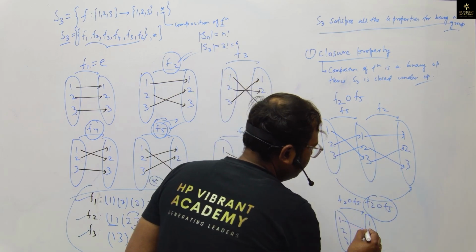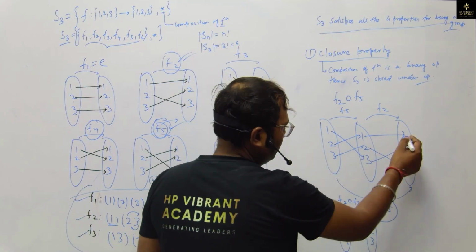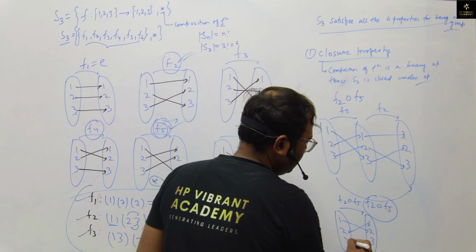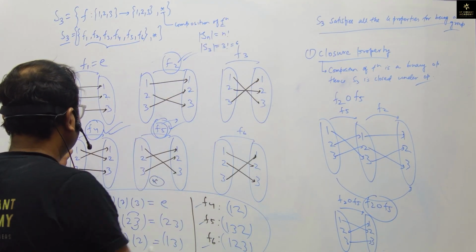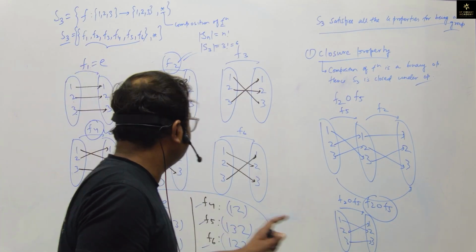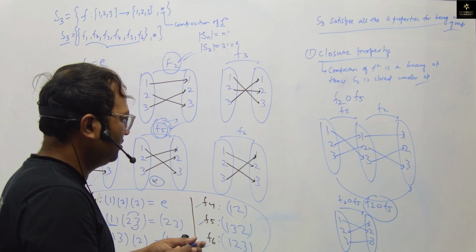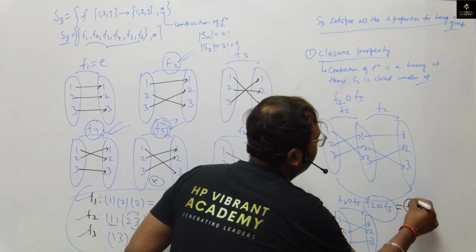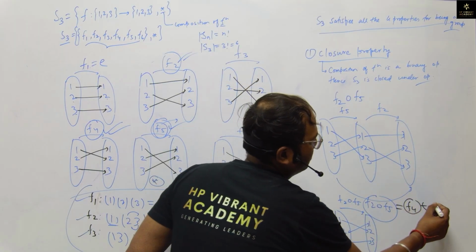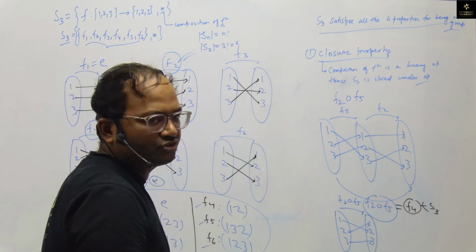This means 1 goes to 2, 2 goes to 1, and 3 goes to 3. So this is nothing but F4. So F2 o F5 is equal to F4, and this F4 is contained in S3. This means S3 is closed under the operation composition of function.